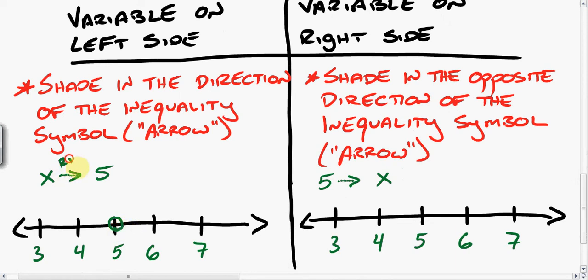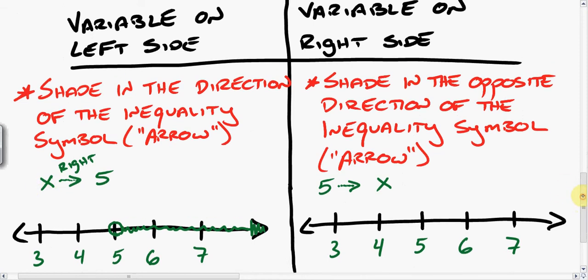This says shade right. So we will. And we would be correct, because if we were to plug in any of these numbers, such as 6, 6 is greater than 5, and also 7, 7 is greater than 5.